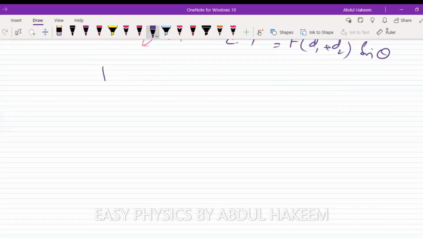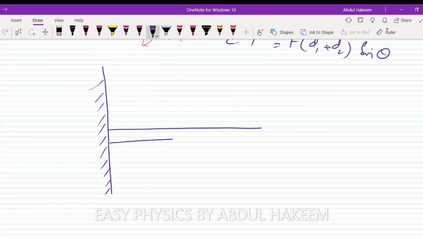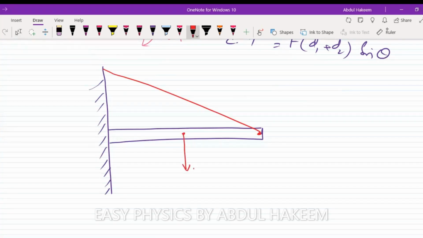Okay, for example, this is a vertical wall, this is the rod. It is held stationary with the help of the string. Now, one force acting downward is the weight of the rod, and the other is the tension. Now, forces are not parallel. The system is in equilibrium.